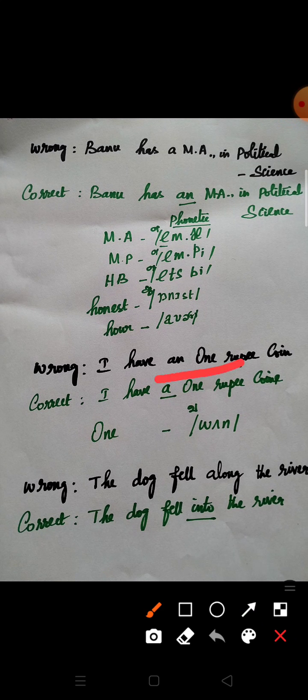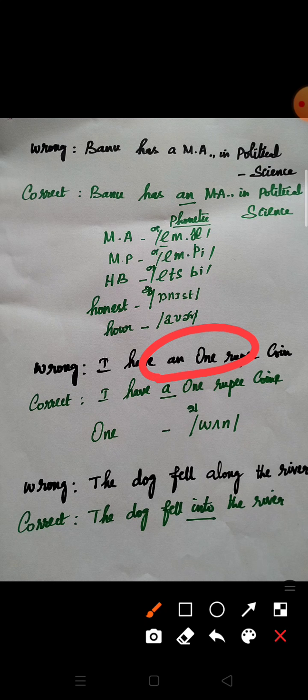This seems as if the sentence is correct because O is a vowel letter only, so an is correct. We used to think like that.